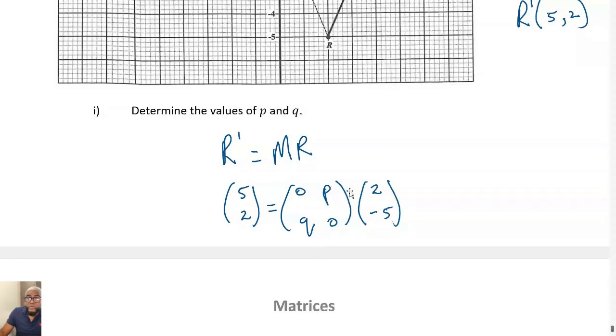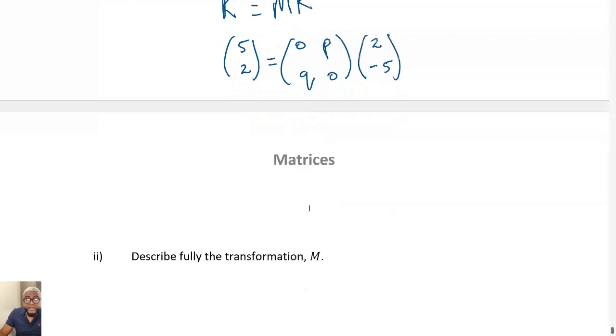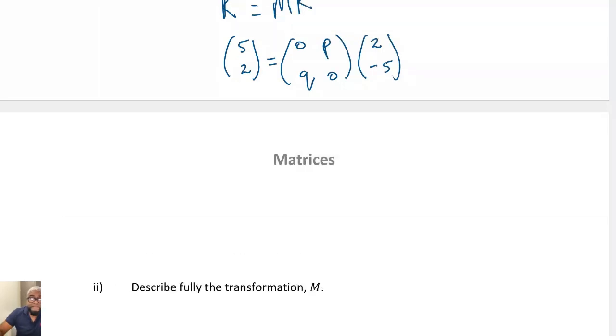Watch it. I'm going to work out this side. I'm going to do row by column and see what it works out to be. 5, 2 is going to be equal to row by column. 0 by 2 would be 0, plus P by negative 5 will give me negative 5P.